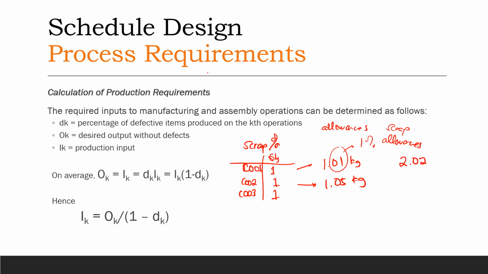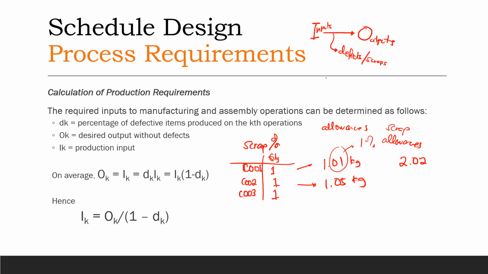Okay? Pero may formula tayong ginagamit in determining yung mga allowances na yan. Again, we have this input. Ito yung output natin, but not all inputs ay nagiging good parts. Meron tayo ditong defects or scraps. So we have here inputs, we have here outputs. Okay?